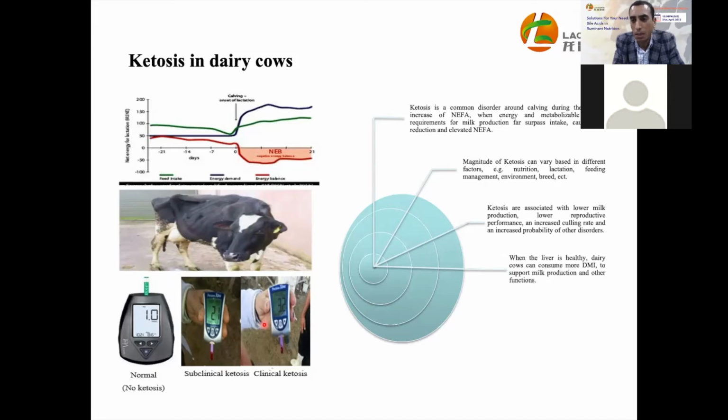Sometimes it can be given as a drench, 300 milligram per day, during the 3 days before calving for 1 or 2 weeks, and also directly after calving and during the first few days after calving, until blood beta hydroxybutyrate recovers to the normal range. This is just an example. There are also additional strategies to improve and minimize the incidence of metabolic disorders in dairy cows.